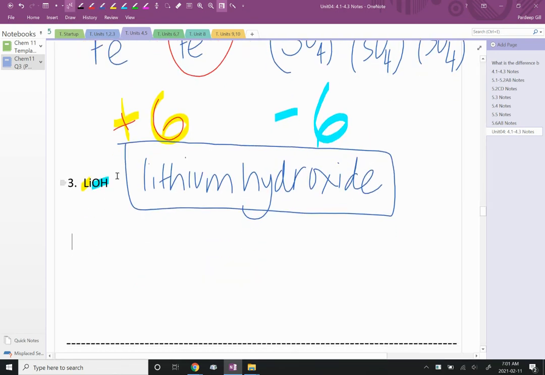Okay, and I think I just want to look at a couple more here just to make sure that we have tried some of the multivalent atoms here.